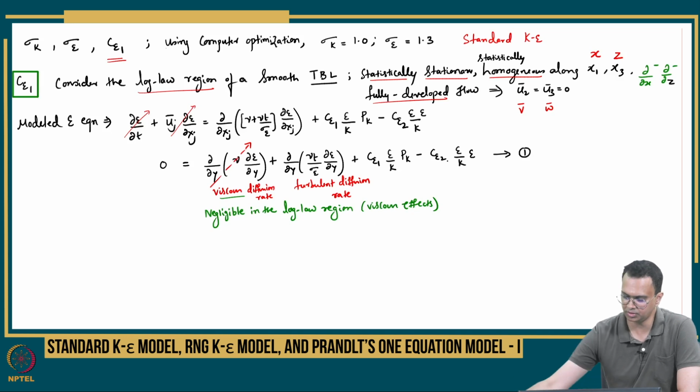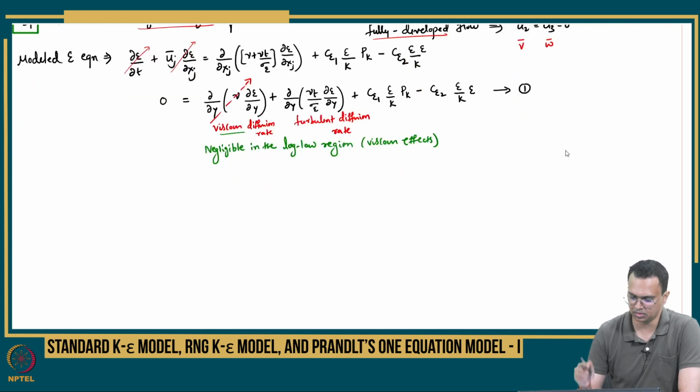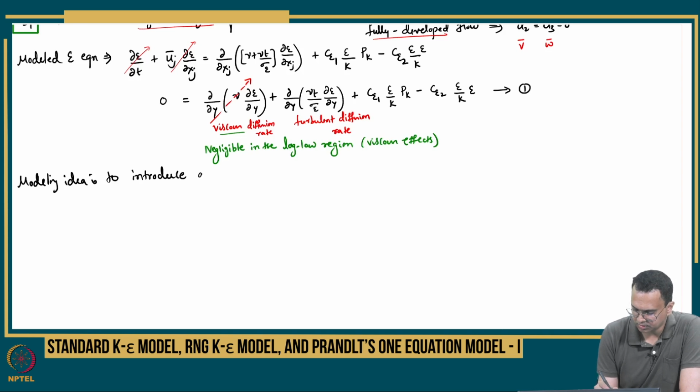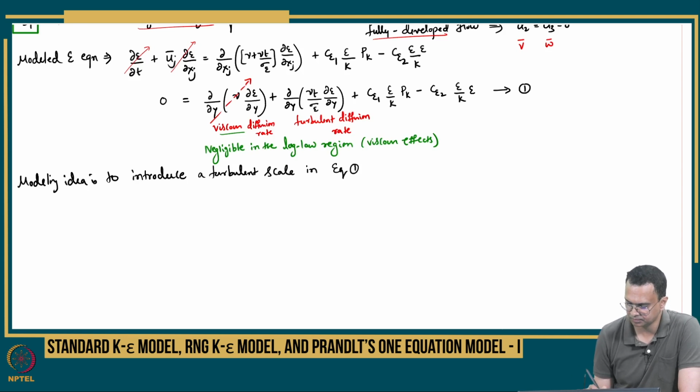So now I would like to introduce scales here for the velocity and the length scale. The modeling idea is to introduce a turbulent scale in equation 1. For the turbulent velocity scale, what do we use?